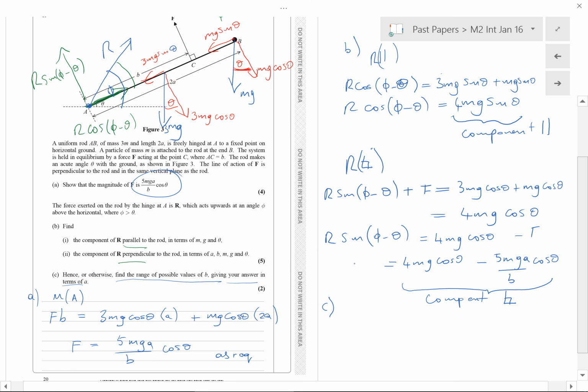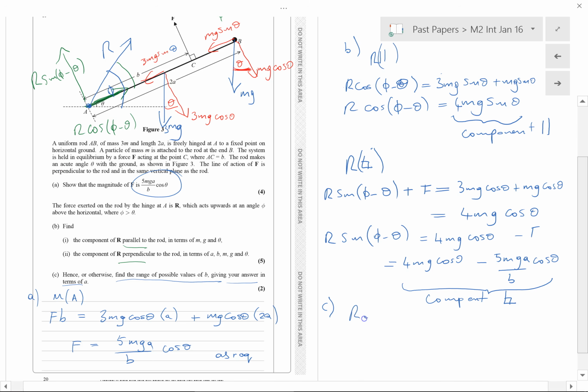Obviously, if phi were less than theta, this would be negative, which would basically mean that the perpendicular component would be in the opposite direction. But they've said that phi is above the rod, so that means that it's positive.